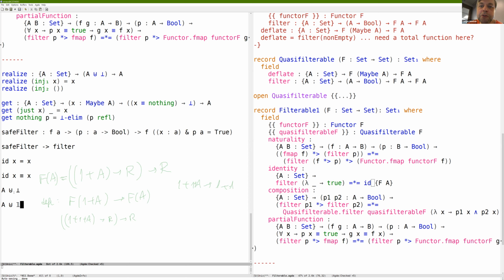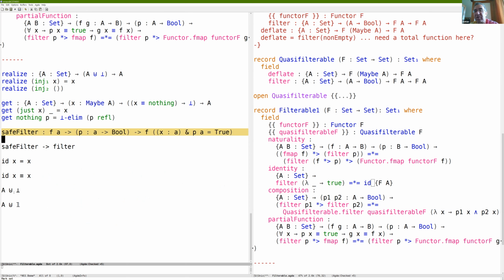So maybe you can formulate somehow that for that property you need to maybe modify again the filter type signature, or I don't know what you want to do. Right. I'm thinking that if you start with this safe filter idea, you may be able to derive all of the desirable properties of filter.